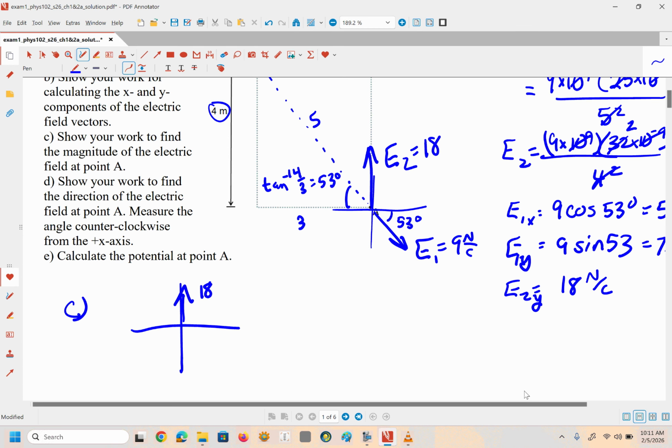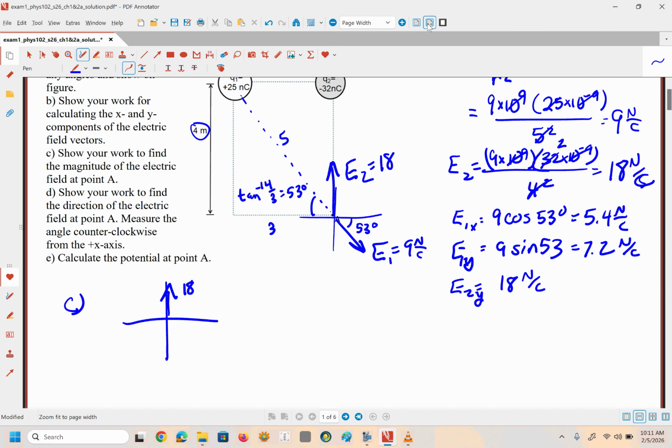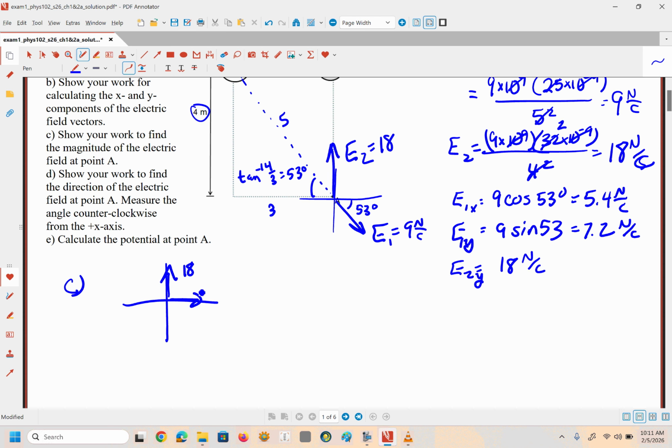I have 5.4 in this direction, and then 7.2 in this direction. So if I combine the two y components, I now get 10.8 and 5.4. I've kept an extra sig fig there. If you did 11, that's fine. Okay, so that's in newtons per coulomb for both of these.